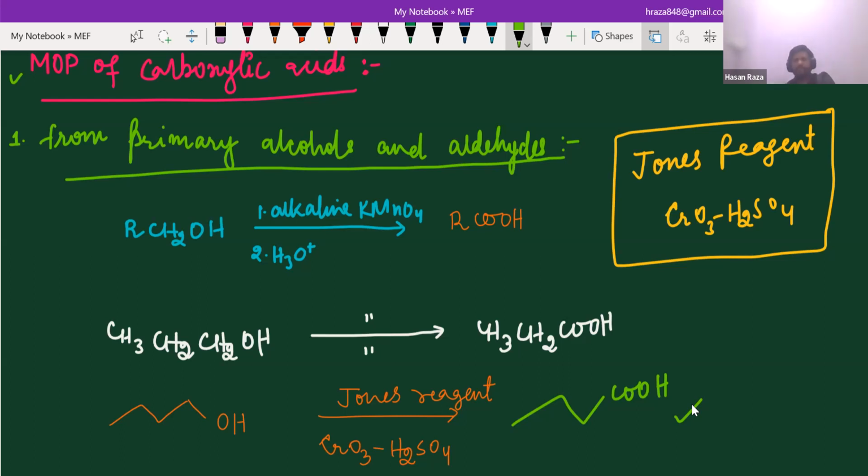And you know how to prepare this, aldehyde to carboxylic acid. Then, you can use strong oxidizing agent on aldehyde also.